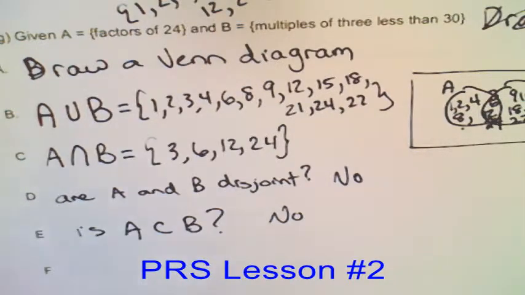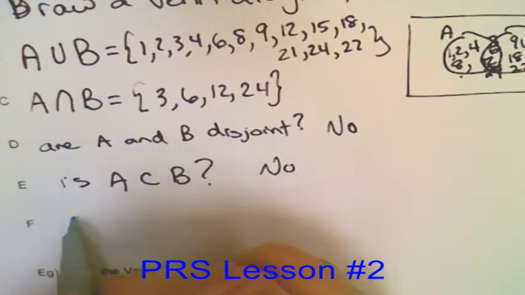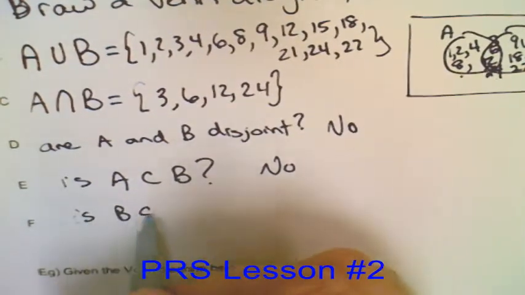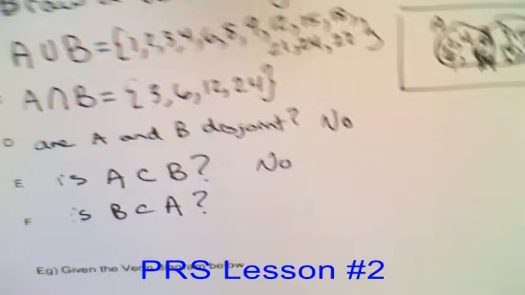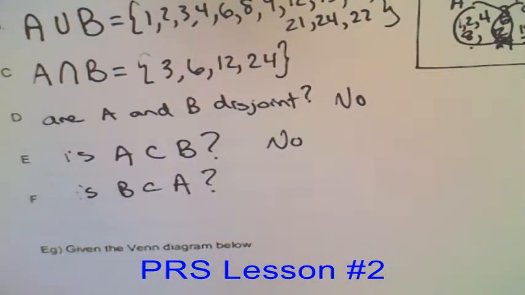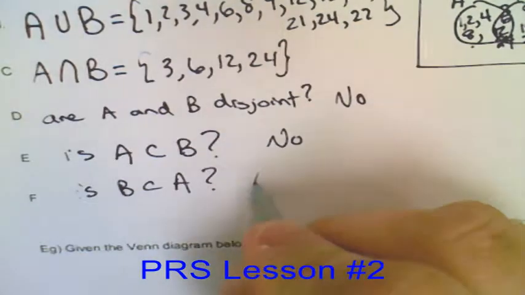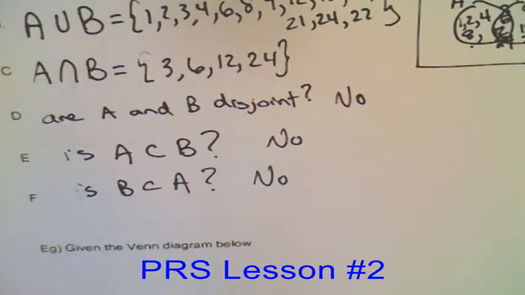Now you can ask questions like this too. Is A a subset of B? Okay, which means that all of the elements in A are also in B. And the answer there is no. Look at the 1, look at the 2, look at the 4, look at the 8. The 1, 2, 4, and 8 are not in B. So A is not a subset of B. Okay.